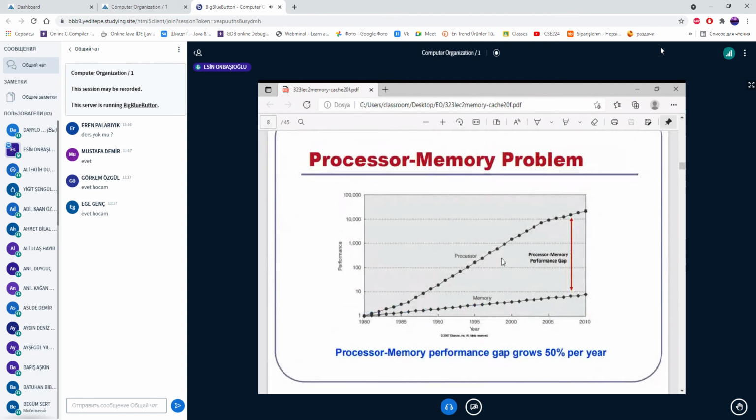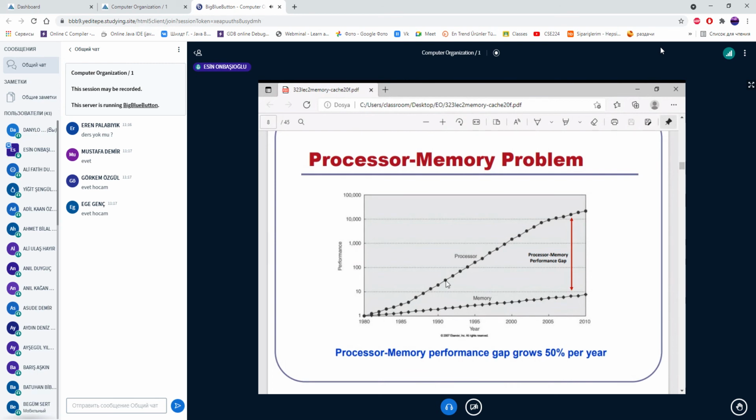This chart shows the performance increase in memory access time and the processor time. This line shows the access speed in the memories from the 1980s to the 2000s. This is the memory performance throughout the years.